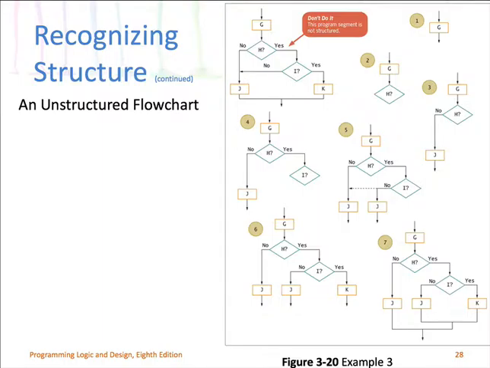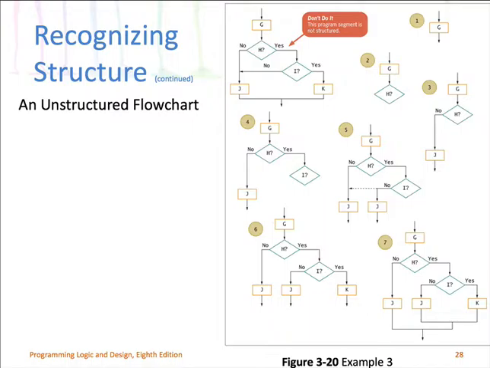Now, if we look at the top figure that is not numbered, the top left in the box, notice that we just kind of go all over the place, and we have 2 decision points up there.